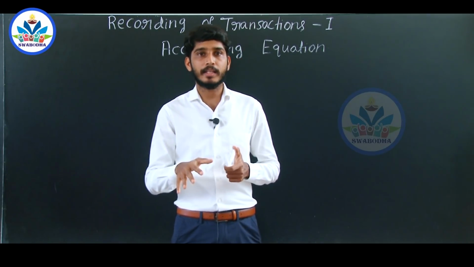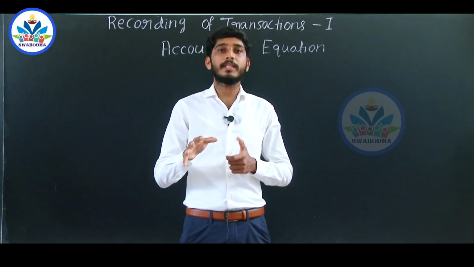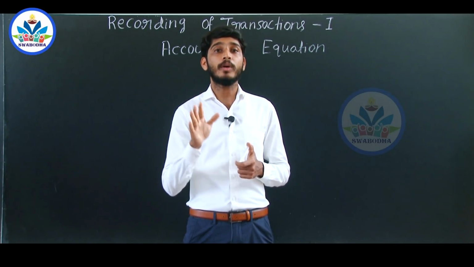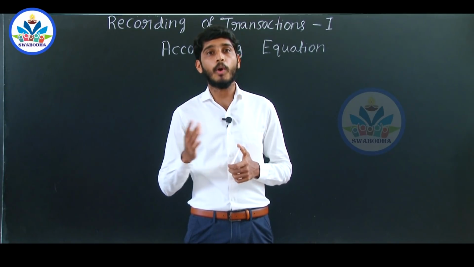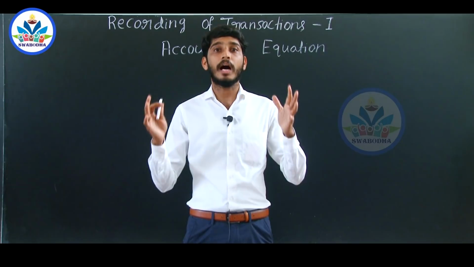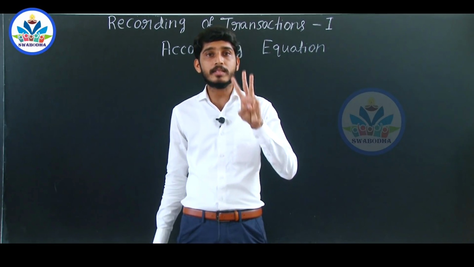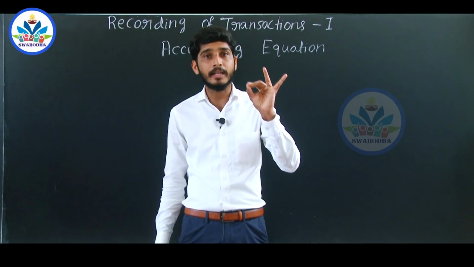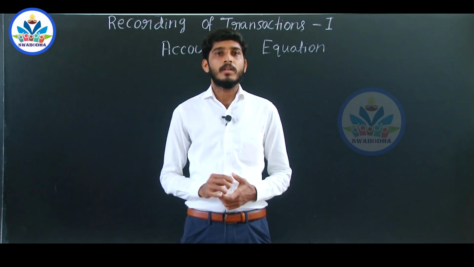The components are nothing but the assets which are owned by the business, liabilities or the responsibilities of the business, and owner's contribution, what we call capital in the business. So, it establishes a relationship between these three important components: assets, liabilities, and the capital amount.